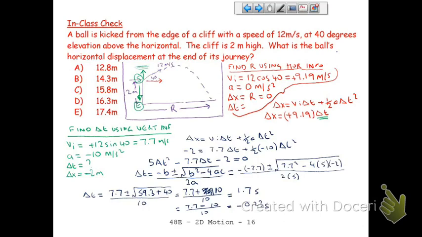Yes? Didn't we have negative time? Good question. The equation doesn't know when your clock starts or ends, it just knows the relationship between these things. Because I chose to start the clock when it was coming off the cliff, it's also looking at that same height.